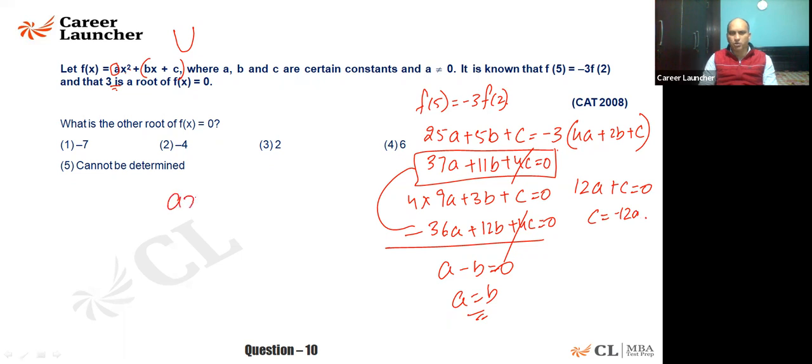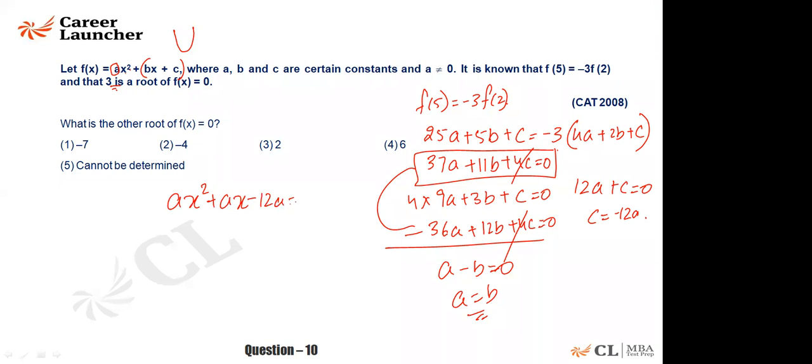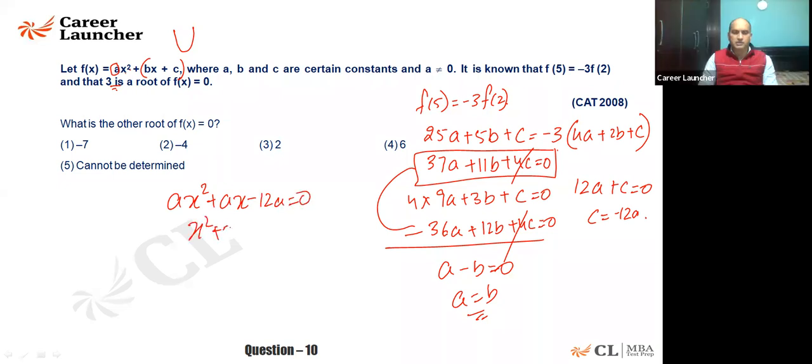So what is the equation? You got ax square plus ax minus 12a is equal to 0, or I'll say x square plus x minus 12 is equal to 0. You need to find out the two roots of the equation where the product is negative. Product is negative means one is positive, second is negative. So whenever the constant term has a negative sign, after subtracting the two values, you will get 1.